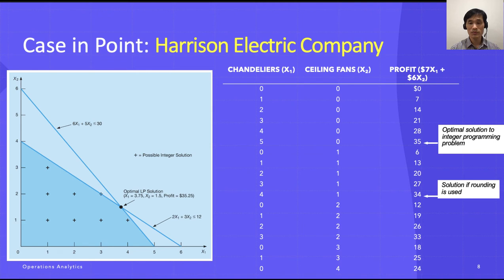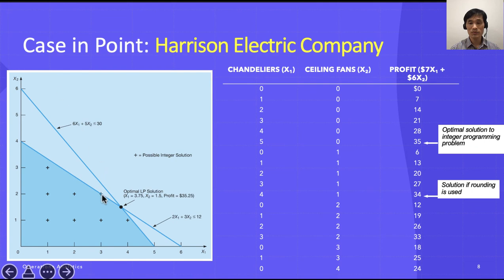In that case, you can say round up for x1 and round down for x2, then you get, say, 4.1, and that's certainly feasible, and it will give you a good profit. Or you can round down for x1 and round up for x2, then you have 3.2, right? 3 and 2 as your coordinate, and this might be a point that gives you a good profit.